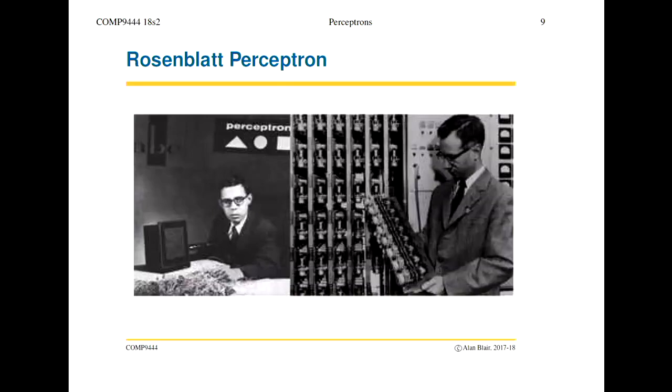So if there's 26 letters, he would train one network just to recognize the letter A. Is this letter an A or is it not an A? And then he'd train another network to recognize a B and a C and so on. And so if he's given a letter and he wants to know which one it is, he feeds it into each one of these 26 networks, and whichever one is most confident that it's that letter, that's the one he chooses.